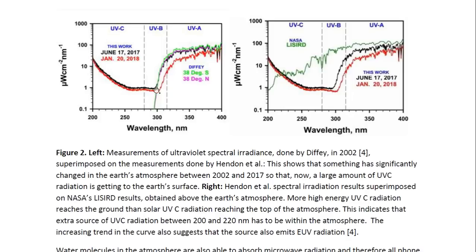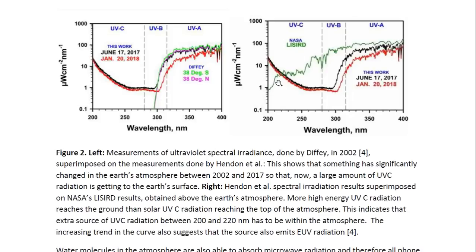But now in 2017 and 2018, you can see that there's definitely UVB and UVC, and in addition, the UVC increases as we get to the highest energy of the ultraviolet spectrum. The energy increases as we move down in wavelength, so 200 nanometers is more energetic than 300. So this means there's a lot of UVC reaching the ground in 2017 and 2018.